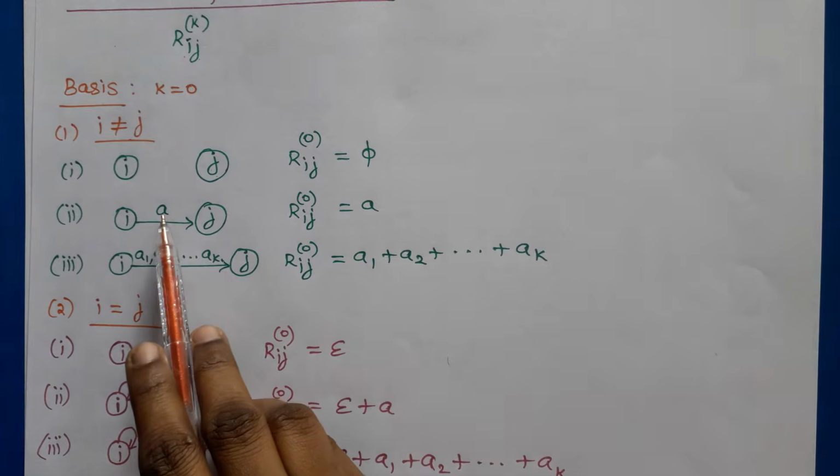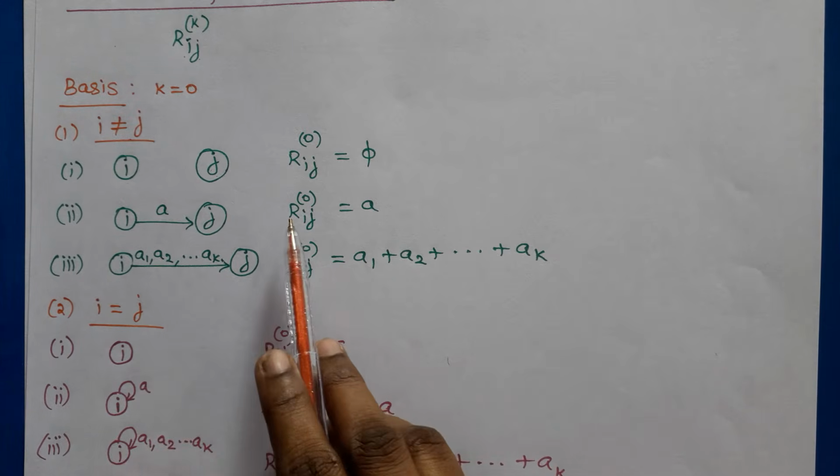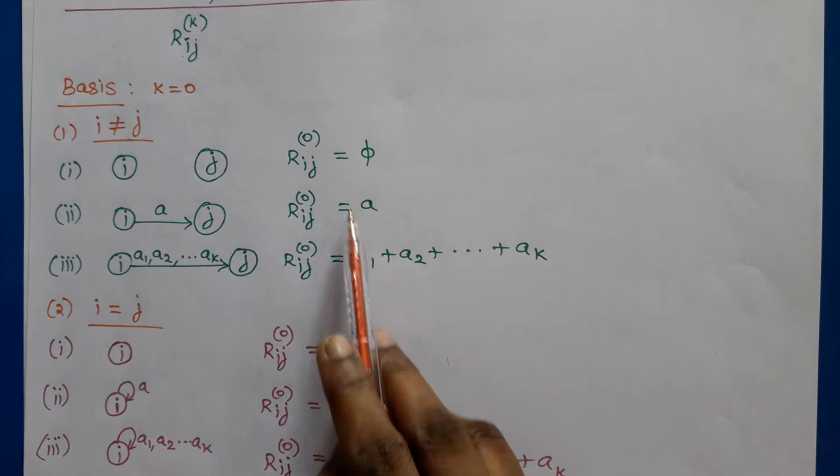If there is a single transition on a from state i to state j, then R_ij^0 is equal to the single symbol a.